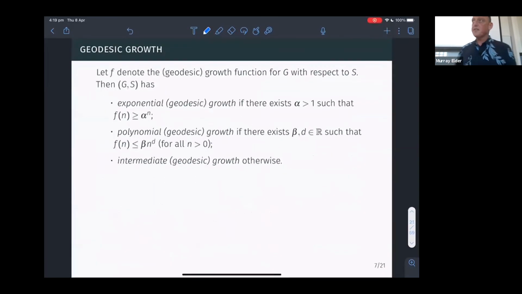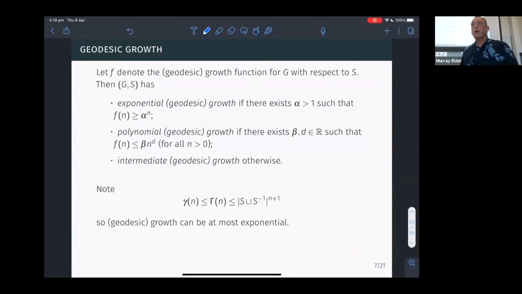So we have these definitions: exponential if you're bounded below by an exponential function, polynomial if you're bounded above by a polynomial, and you may not exactly have n to the d for some particular value. It could bounce around, some interesting things happen. And intermediate, if it's neither exponential nor polynomial and it's somewhere in between.